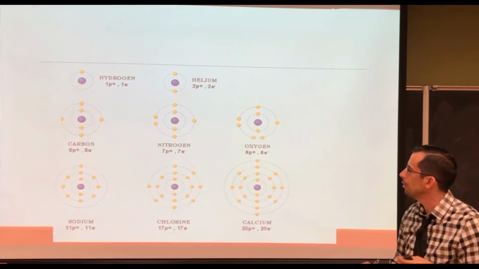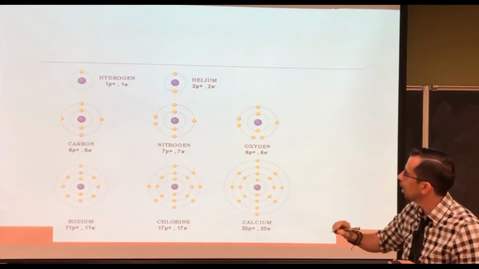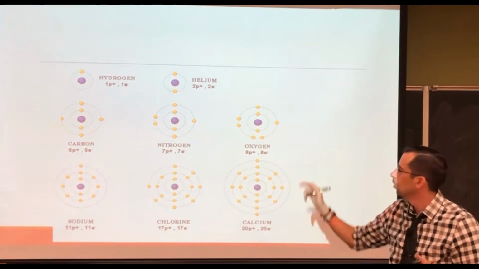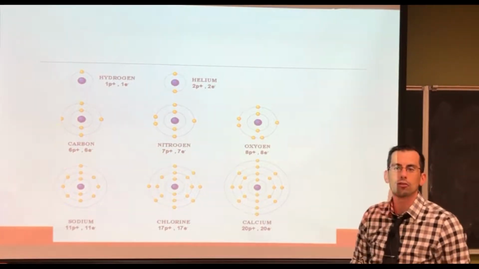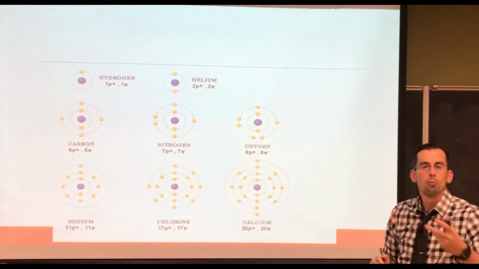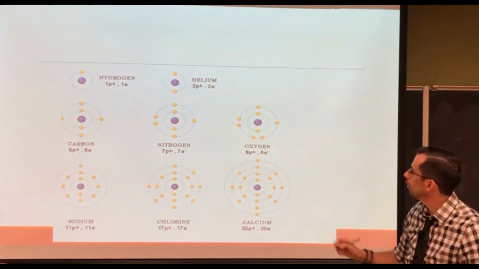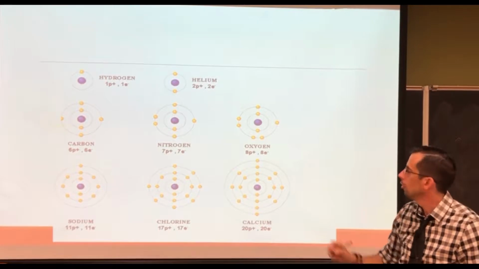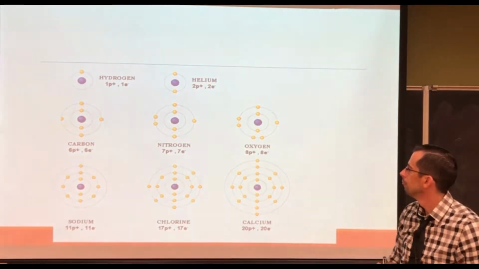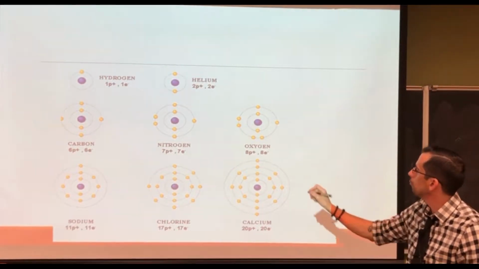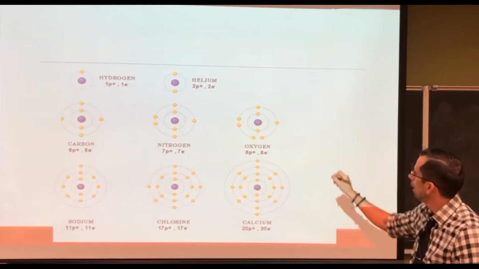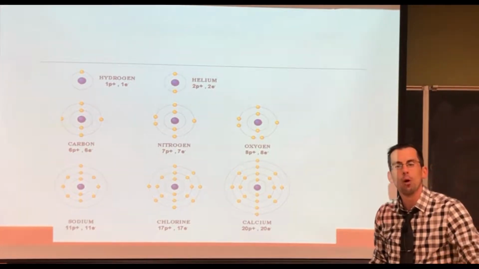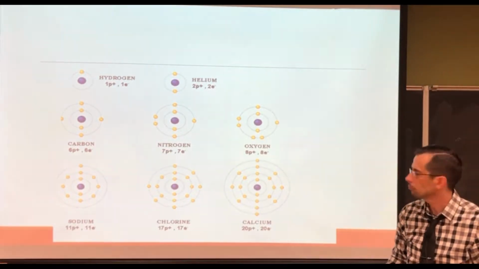So we look at carbon again, and we see our protons, number 6. We have our first circular orbital, only able to hold 2 electrons. But we have 6 to put in there, so we have to add a second circular orbital to put the remaining 4. As we see our atoms go up to nitrogen and oxygen, we add 1 more electron to our outermost circular orbital each time.